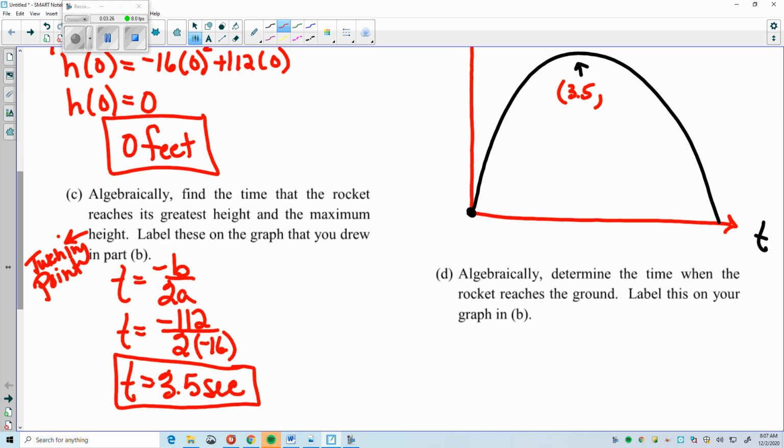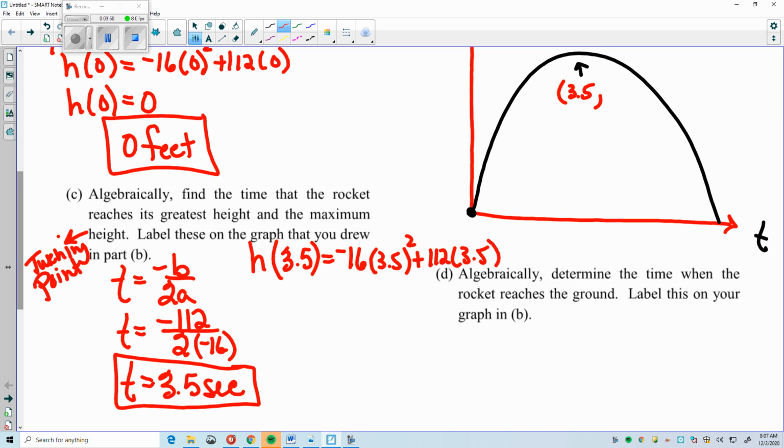Now what I also need to do is find the y value that it corresponds with. So if I go back to our given equation, and in place of the x value, I plug in that 3.5, I have a negative 16 times 3.5 squared, and then plus 112 times 3.5.